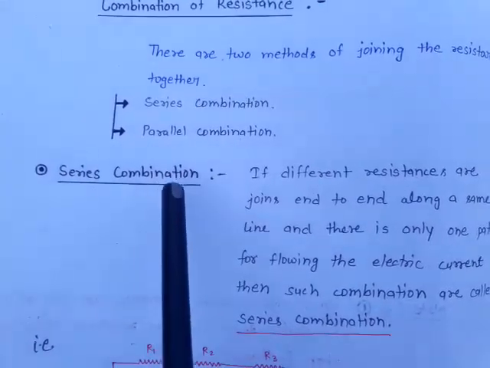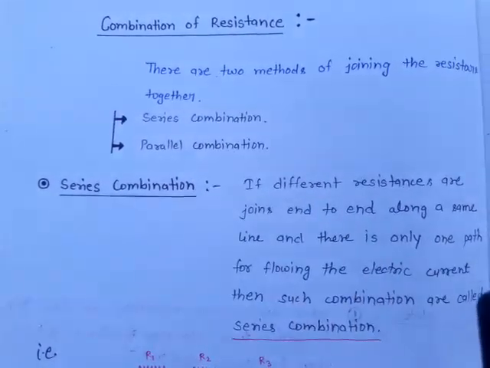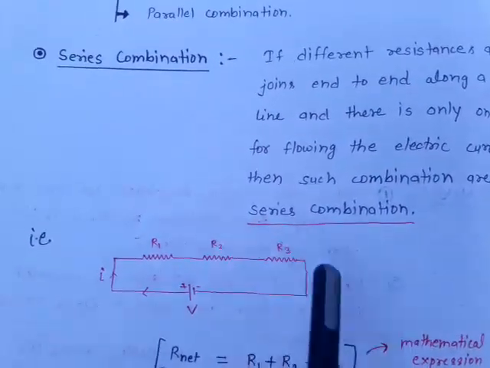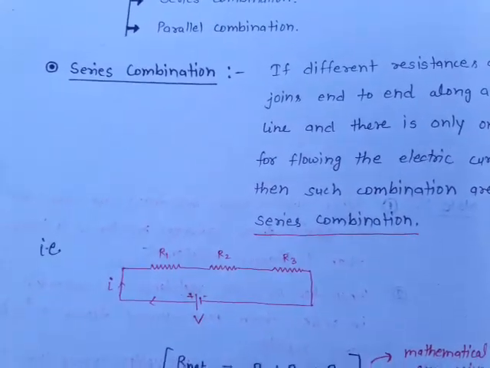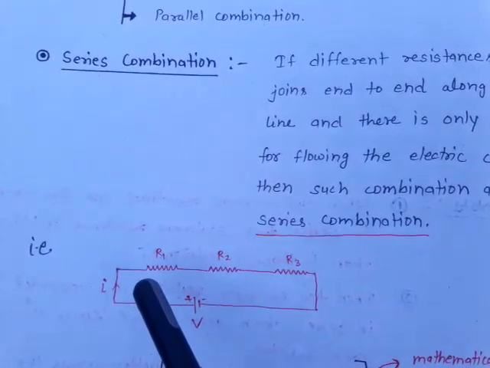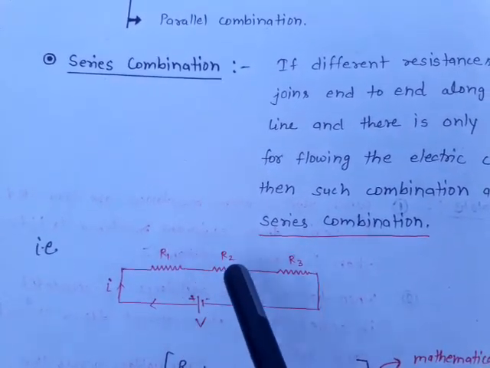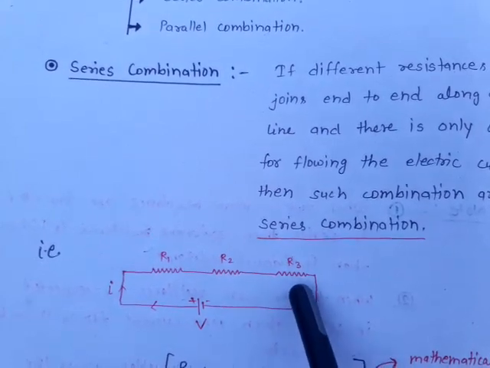How can we show series combination in a circuit diagram? Here, this is a series combination. Three resistances are given. The first one is R1, the second one is R2, the third one is R3.